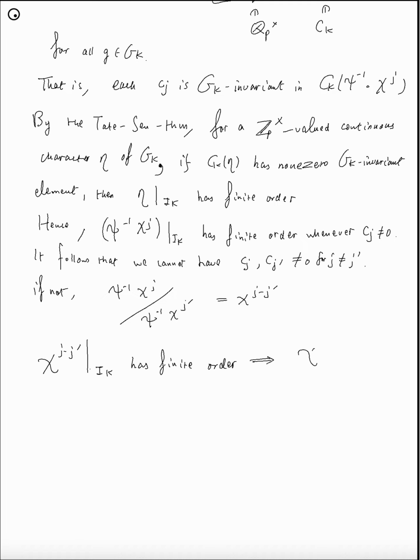And this would imply this chi has finite order. But this is a contradiction, because this cyclotomic character cuts out an infinitely ramified extension of K.